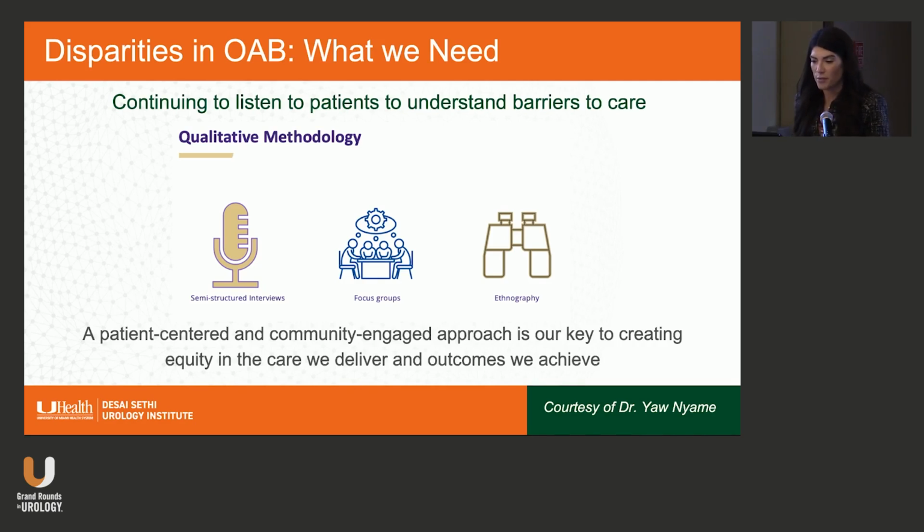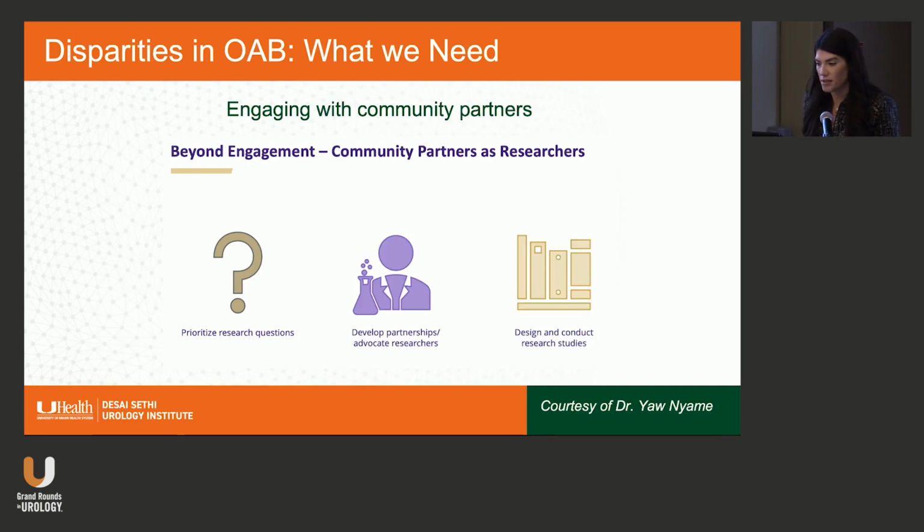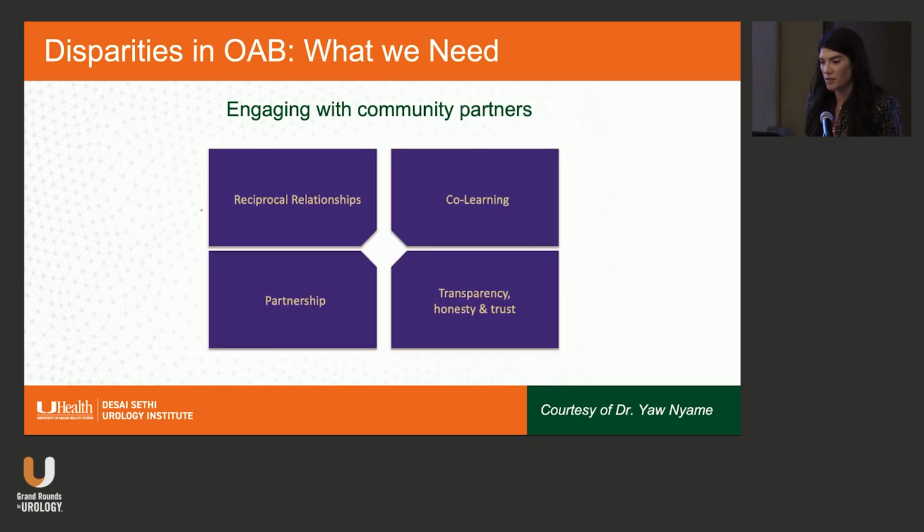A patient-centered and community-engaged approach is really the key to creating equity in the care we deliver and the outcomes that we can achieve. Beyond engagement, I think it's important to prioritize research questions, develop partnerships, advocate for researchers, and continue to design and conduct research studies.